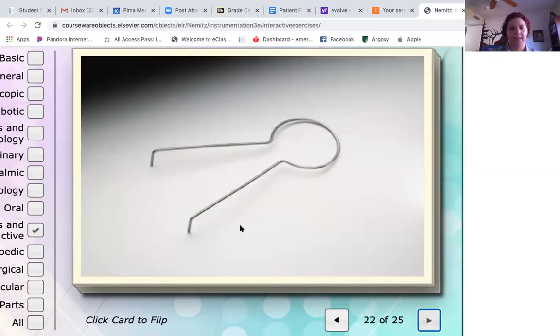All right, this is called the keyhole. And what the keyhole is for, this goes around the areola. So let's say we're doing a breast lift, which is called a mastopexy. For a breast lift, they're gonna skin the breast.